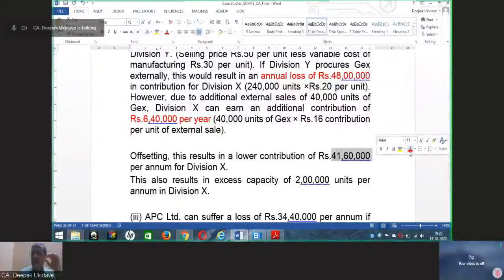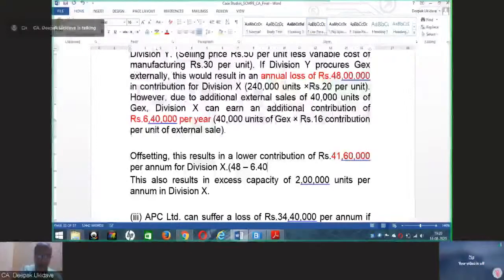I am writing it in brackets. Those who are taking down the numbers can also write the working: 41 lakh 60,000 is nothing but 48 lakhs minus 6.40 lakhs. This is the breakup of 41 lakh 60,000.